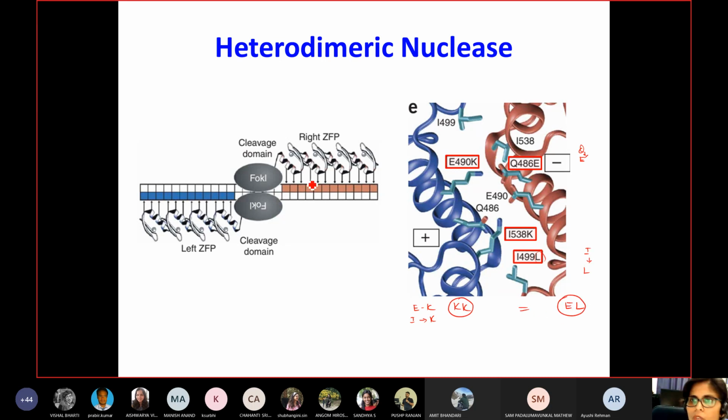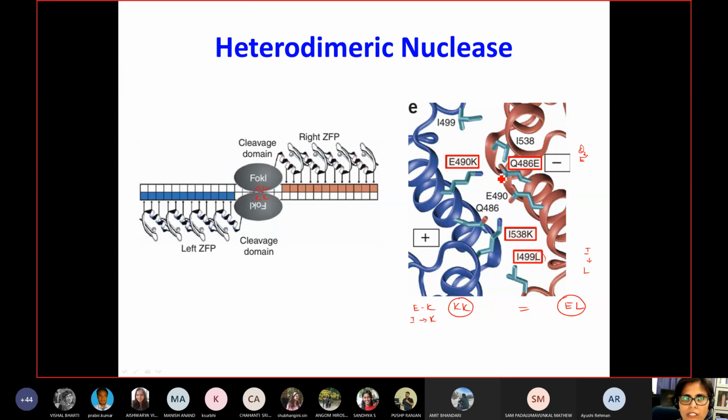So that means from one side they are able to make the EL, and here they are able to make a KK. So based on this disruption, this is what they are making. All the bonding which is taking place between these two residues is disturbed. That means basically this bonding is based on electrostatic and hydrophobic kinds of interactions.